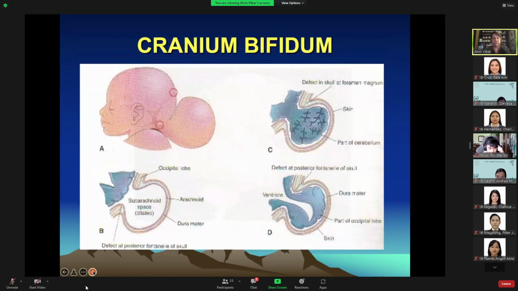Again, this is your meningocele, only meninges. Meningoencephalocele, again most likely the cerebellum, encephalo. And here is your ventricular system, which means you already have CSF.